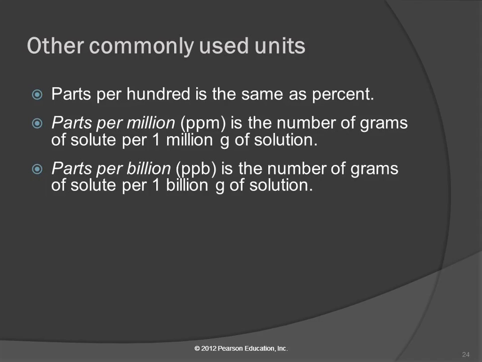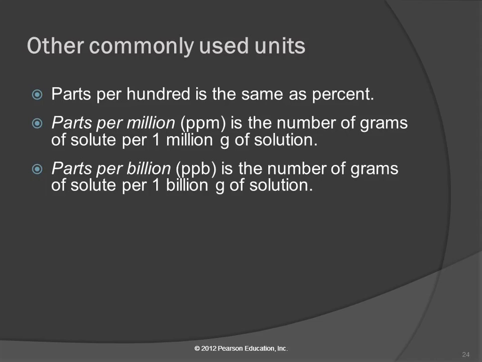There are other commonly used units. If you ever look at that document that the water company or the city sends you every year about your water quality and safety, you'll see some of these units. ppm, ppb. Parts per 100 is the same as percent. ppm stands for parts per million.